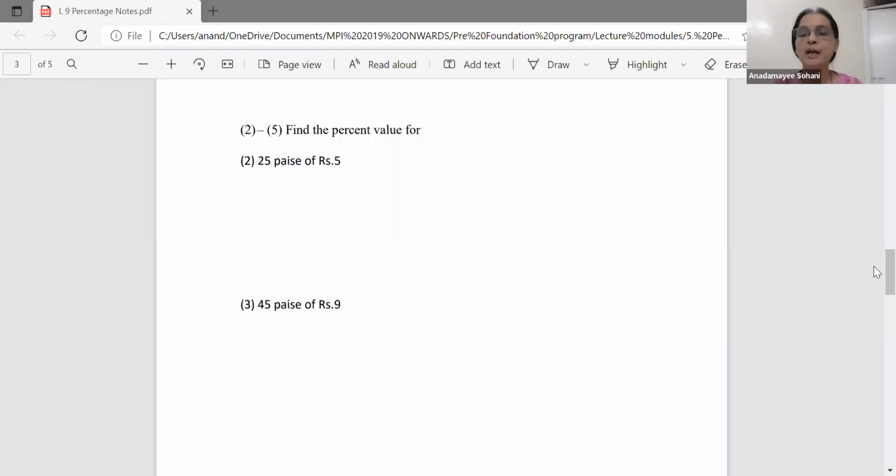3rd question. 350 grams of 7 kg. Now I will again need conversion. 7 kg is 7,000 grams. Okay.